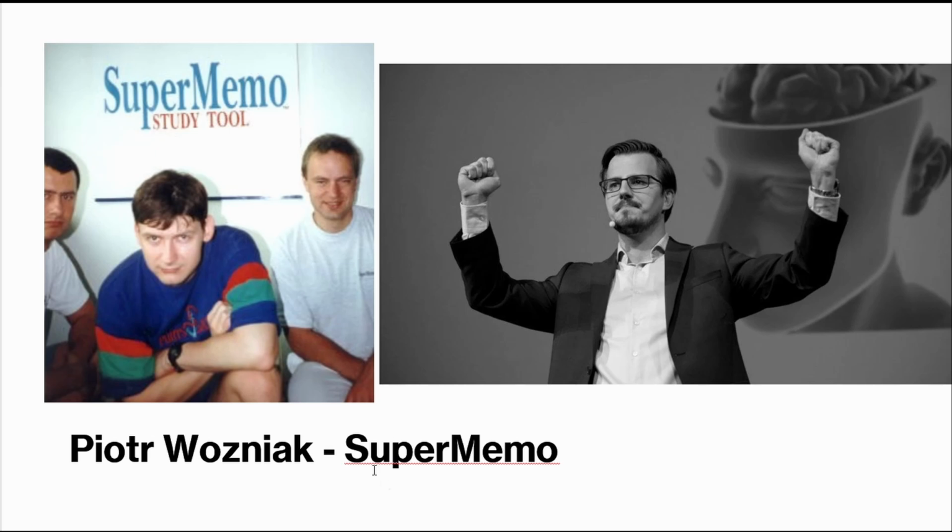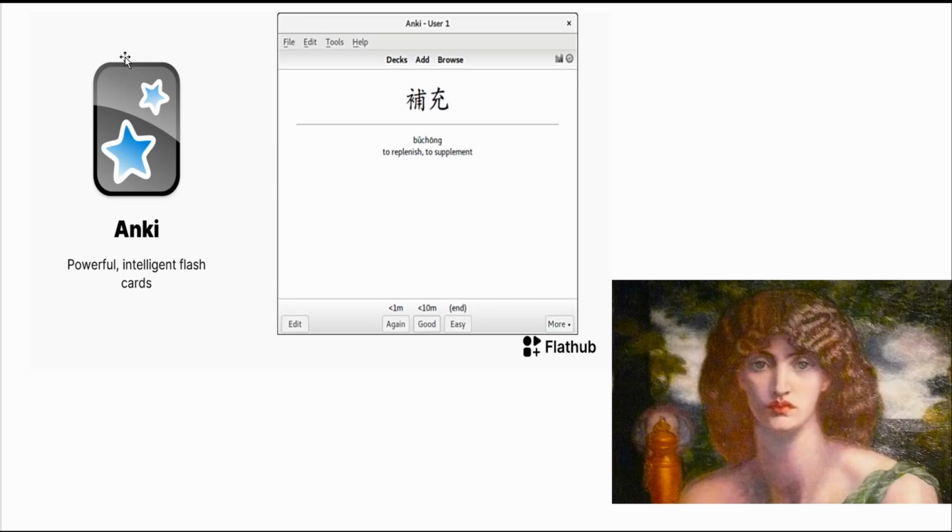Then came this SuperMemo study tool. It was an app in itself, but then came the final boss, which is Anki. Another app was Mnemosyne, the Greek goddess of memory. The Mnemosyne app was also there, but Anki eventually became more famous. Anki was initially used for language.